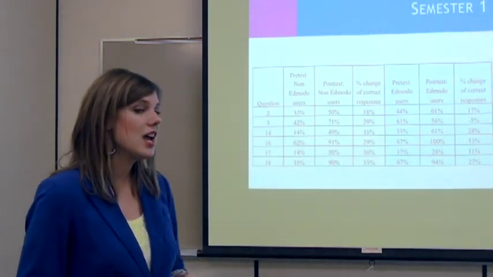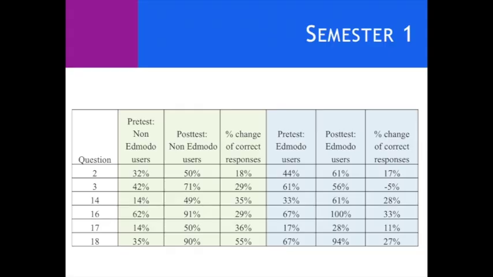This table that you can see here shows you some of the differences in terms of those who did use Edmodo and those who did not. Some things that I want to highlight here real briefly. Most of the percentage change of correct responses were more so on the non-Edmodo users, but there was one question in which my Edmodo users did have a higher percentage change of responses.